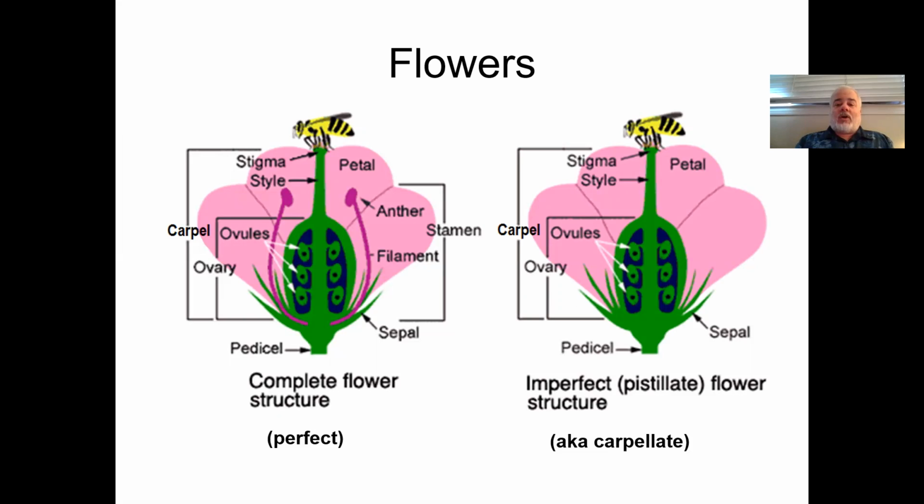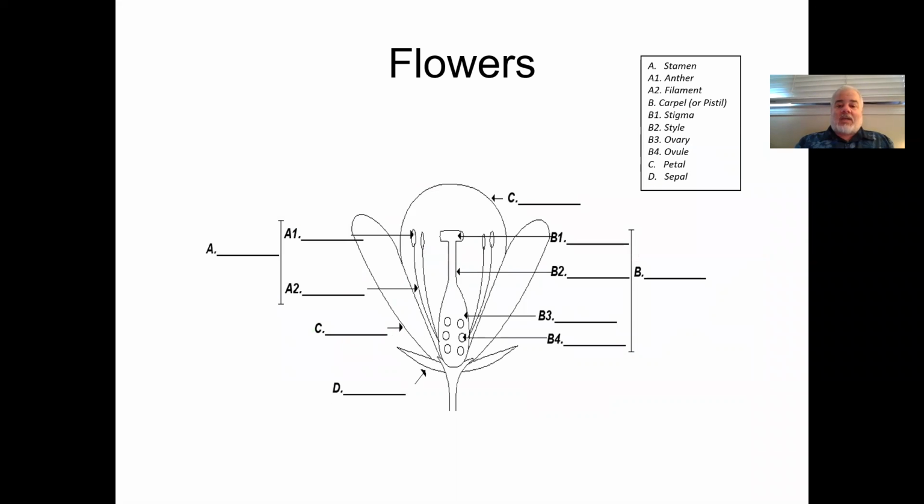So here's a couple of cartoon illustrations of a perfect flower containing both male and female parts, and the pistillate flower, or carpellate flower, containing just the female parts. And I believe on the next slide, yes, on the next slide, I give you a nice illustration that translates well into a printed text for the lab when we do the class face-to-face.